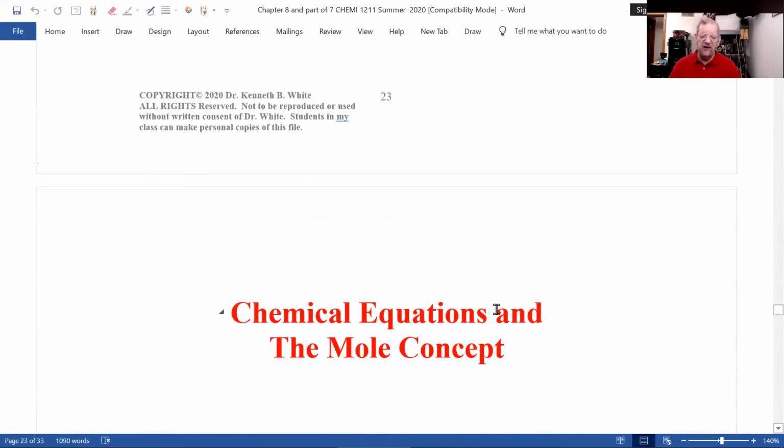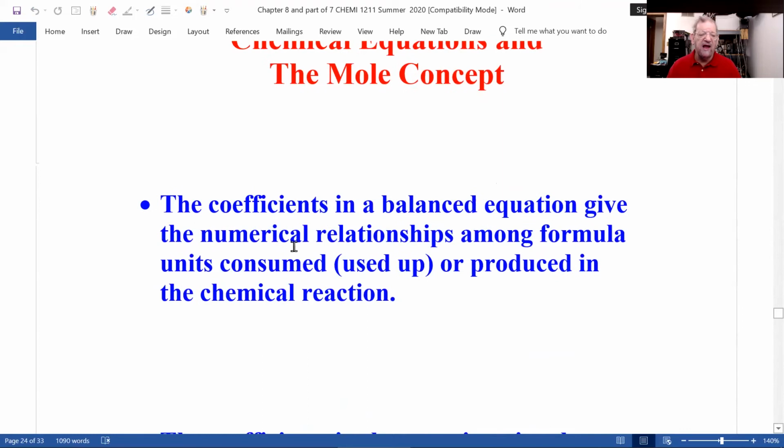And that deals with chemical equations and the mole concept. And this is one of the most important things I know in chemistry. The coefficients in a balanced chemical equation give the numerical relationship among formula units, otherwise known as molecules, consumed (what you start with) and molecules produced in a chemical reaction.